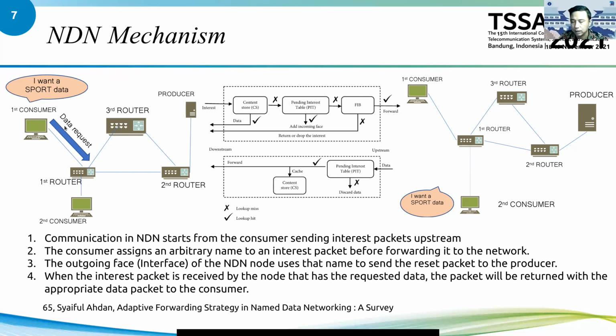This is the data request from the consumer, and then the outgoing interface of the end-to-end node uses the name to send the request packet to the producer. This is the producer.